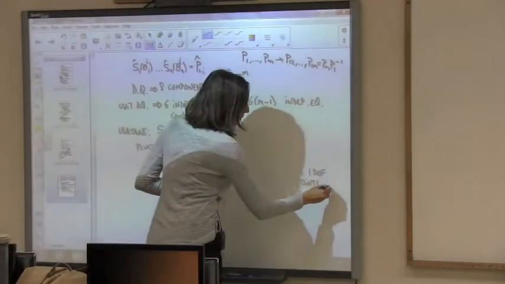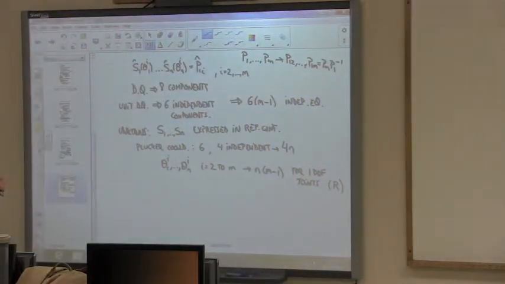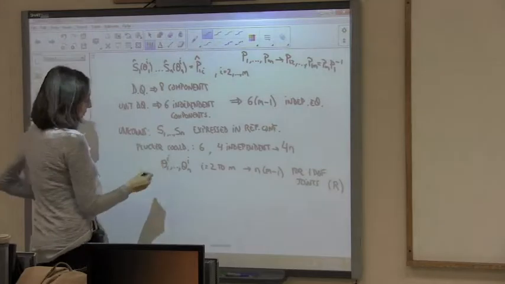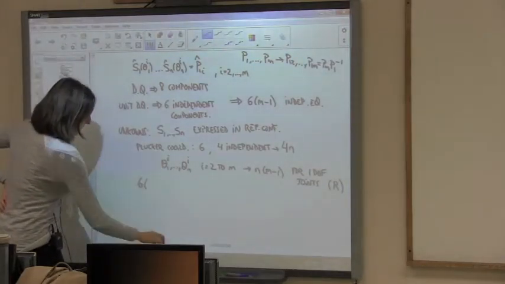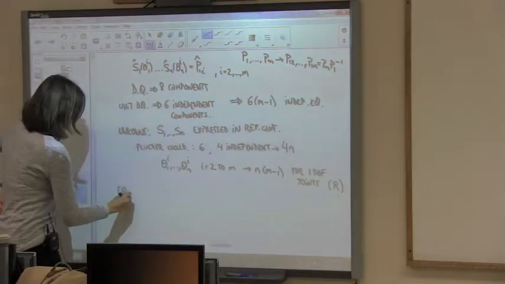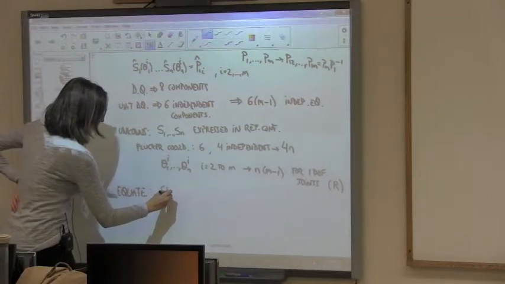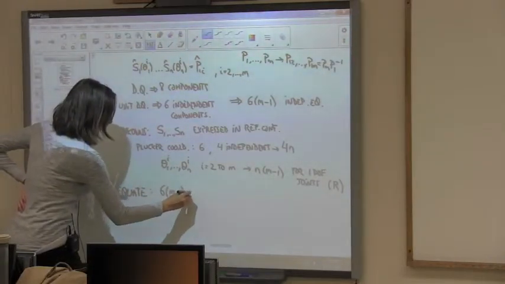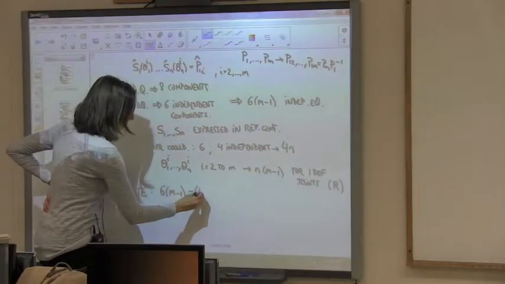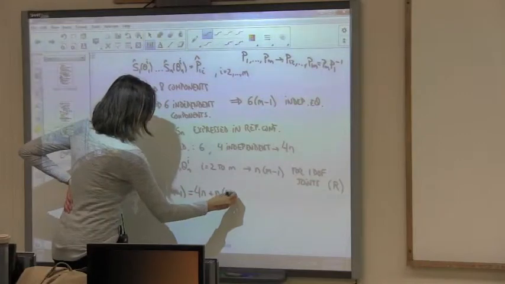So I'm going to put here revolute because the prismatic joints are even easier than that, okay? So we just now equate this and see how many positions we can get as the maximum. So you have 6 times m minus 1 equations has to be equal to the number of unknowns, 4n from the axes plus n times m minus 1.